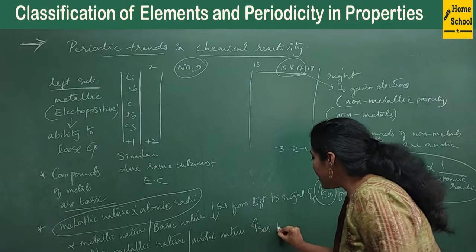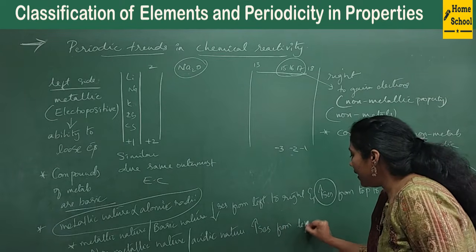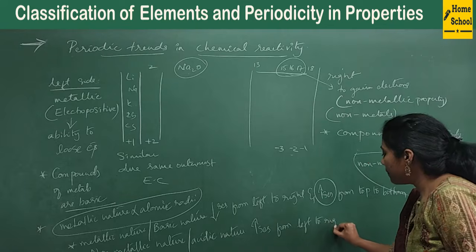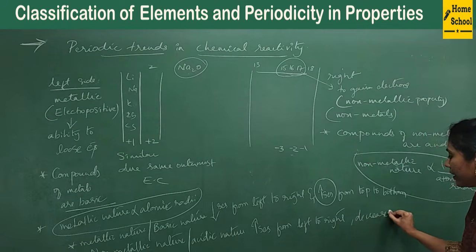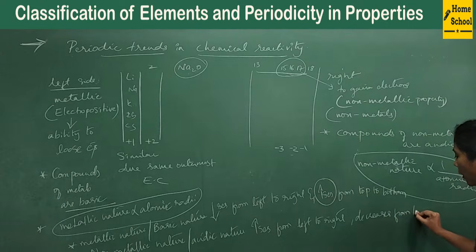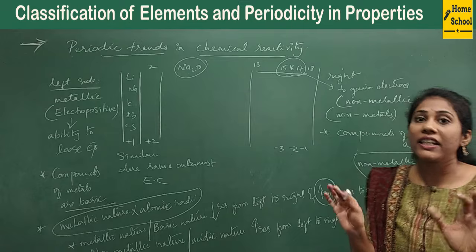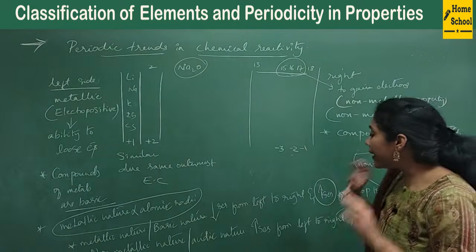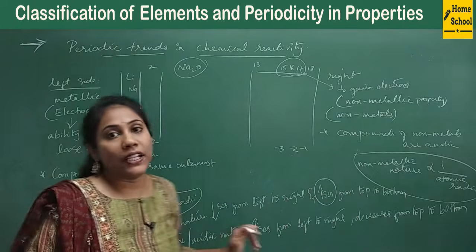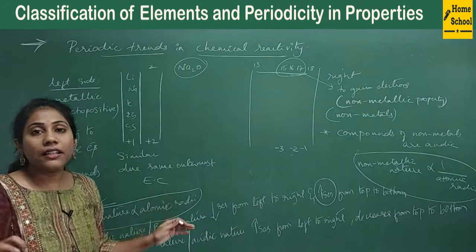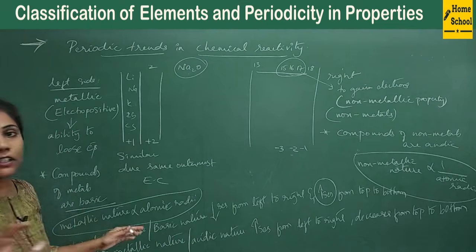It increases from left to right and decreases from top to bottom. So these points, whichever I wrote on the board, are really very, very important. Note down every point, or just take a screenshot of it, because you can answer many questions from this particular concept.